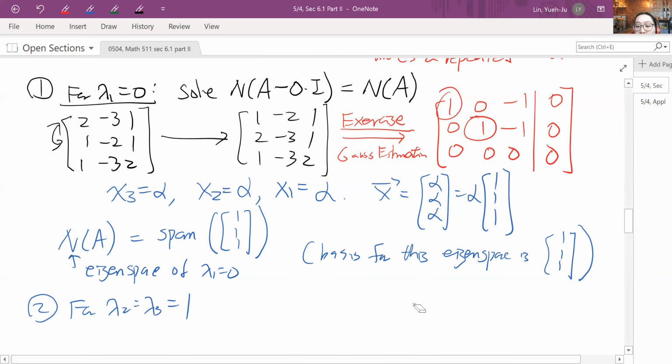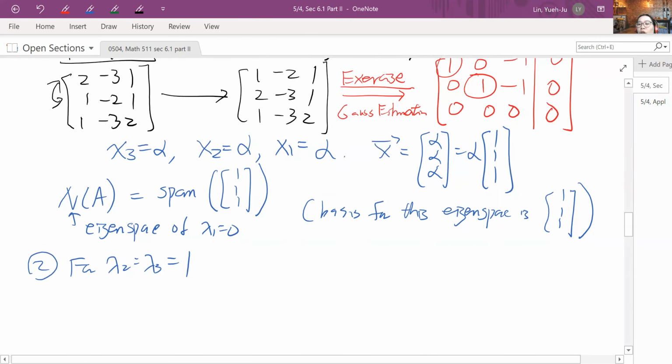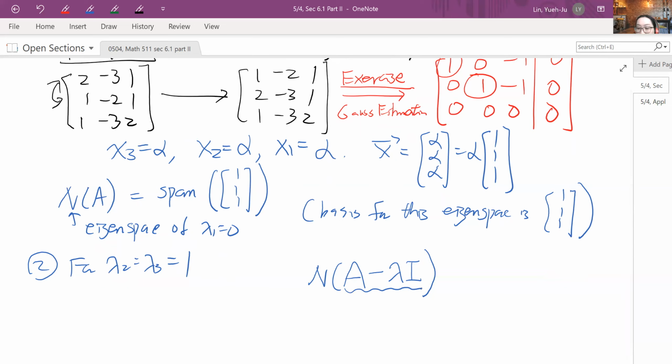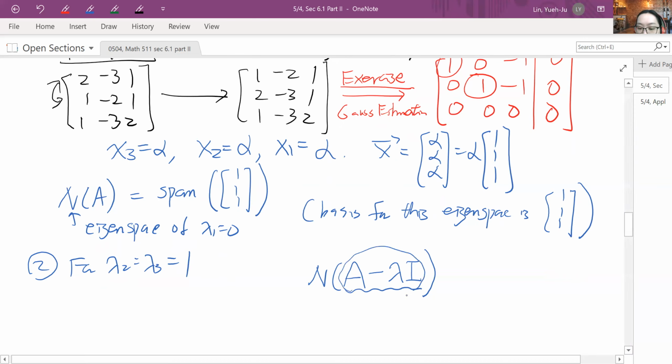Yeah, so actually be careful here. In general, if we want to solve the eigenspace for some eigenvalue lambda, what we were solving is actually the null space for this matrix. It depends on what lambda is. It could be a totally different matrix than A. So technically, what I'm solving is the null space of this new matrix.